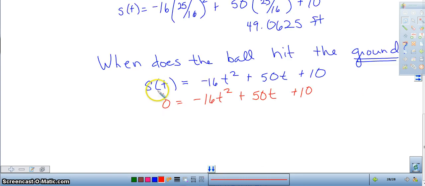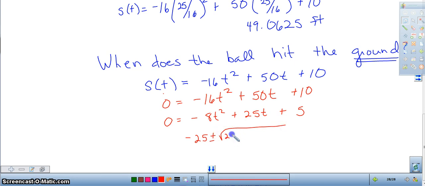So I'm going to have to solve that. I'm going to divide by 2 first, so I get negative 8t squared plus 25t plus 5, and I'm not sure if that factors, so I'm just going to use the quadratic formula: 25 squared minus 4 times negative 8 times 5, all divided by negative 16.